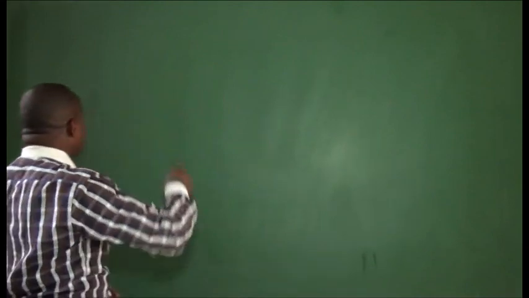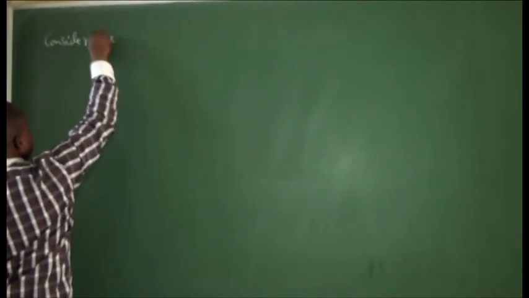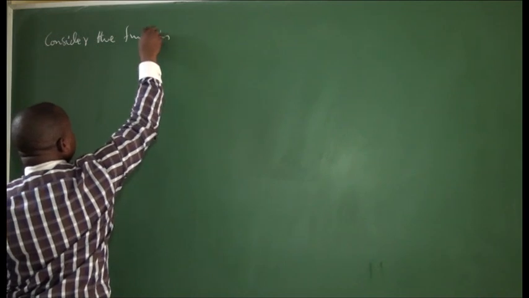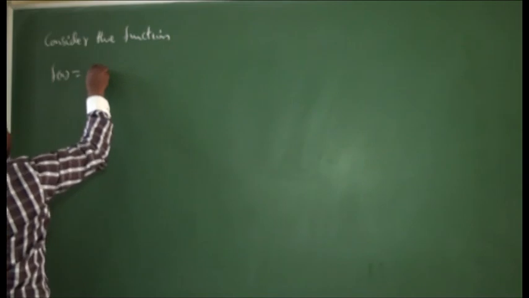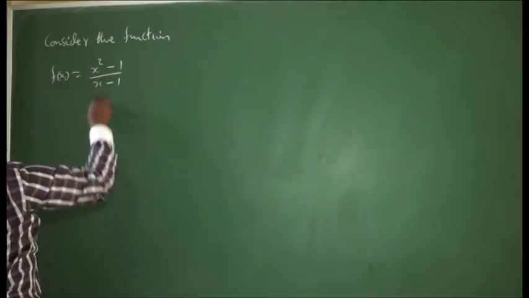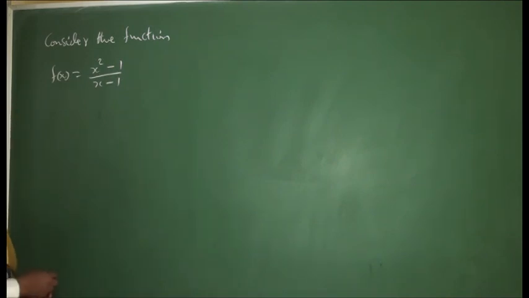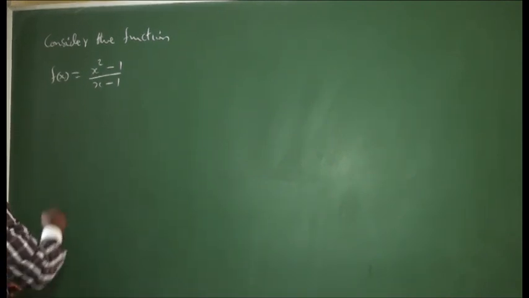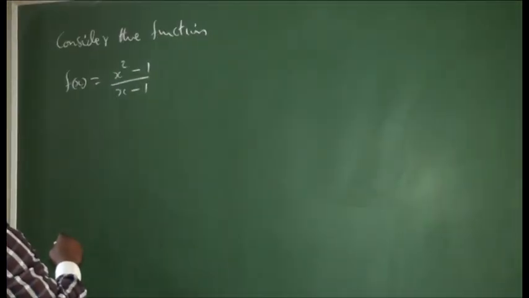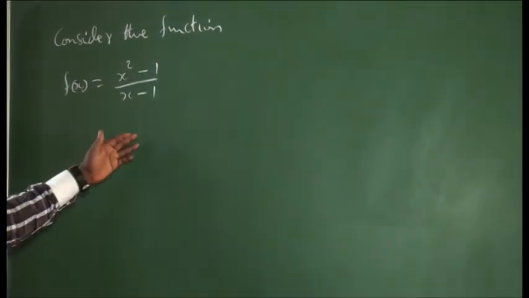We consider the function f of x equal x squared minus 1 over x minus 1. Now we want to evaluate the limit as x approaches 1.